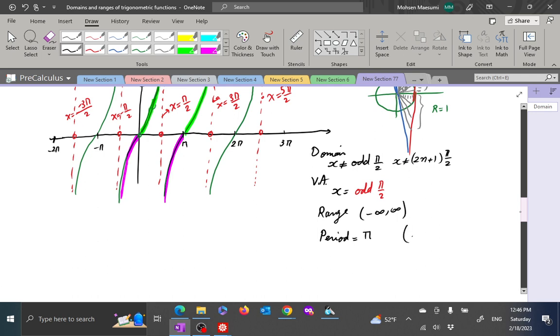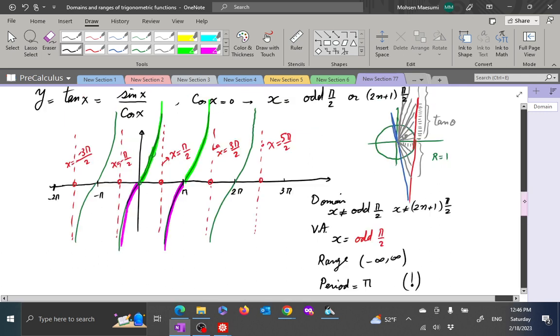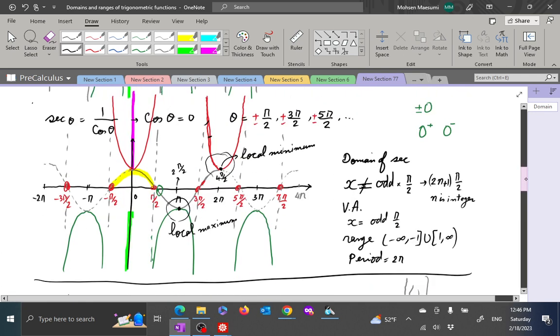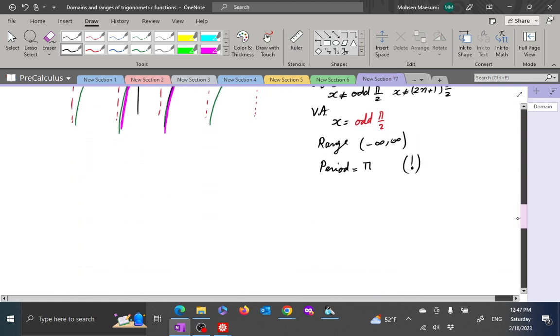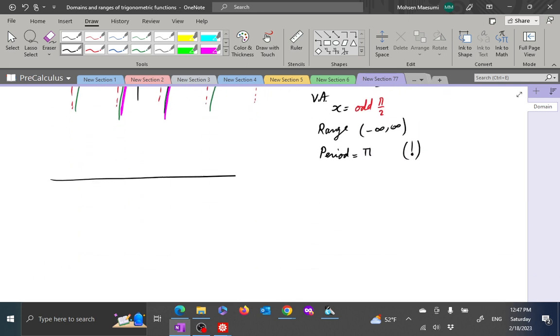How is it that we came from 2 pi down to pi for a period? We are going to come and explain that. The period is pi, and perhaps that's all we want to say here.